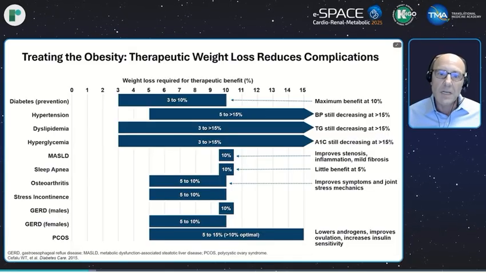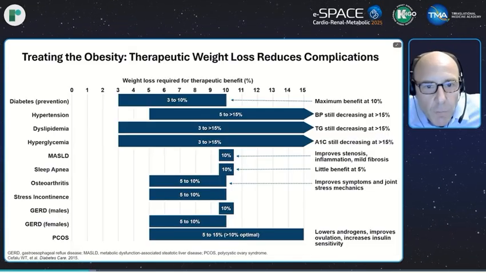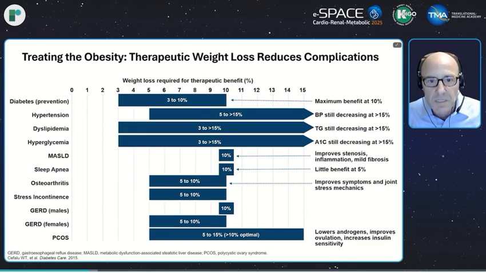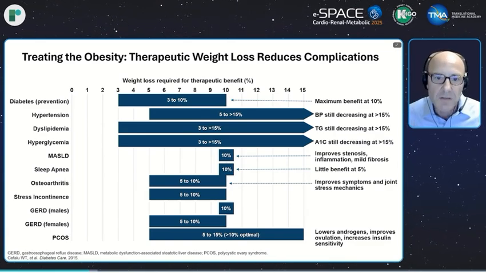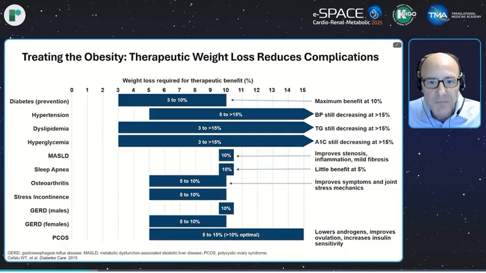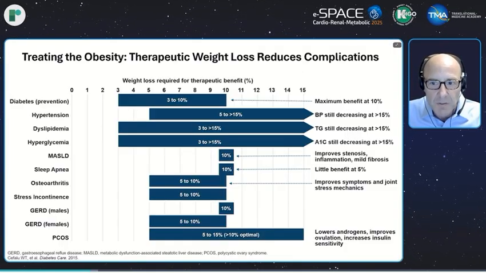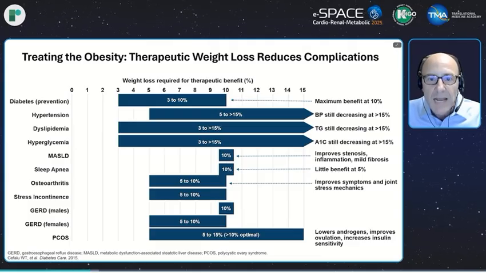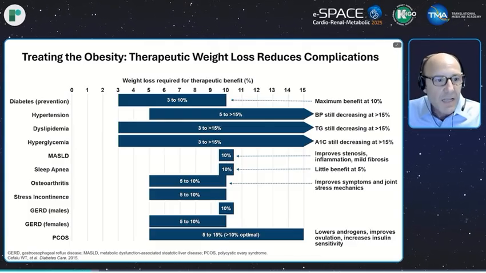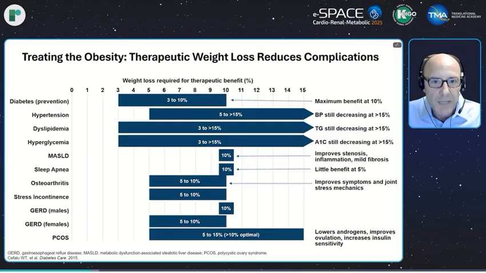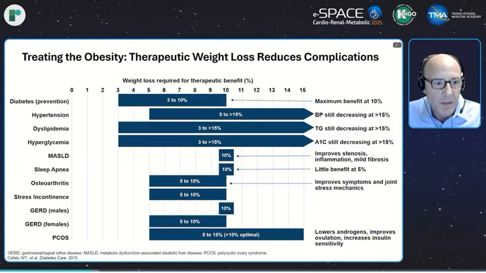But when it comes to treating hyperglycemia, the weight loss benefit is basically unlimited. And so you start to see a benefit at 3%, but even going to 10 and 15%, you get continued benefits on diabetes and hyperglycemia management where the A1C continues to decline. And as you can see from this slide, each individual complication has its own amount of weight loss that's required for therapeutic benefit.